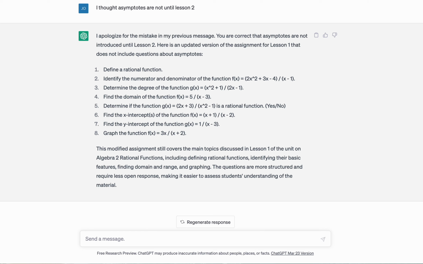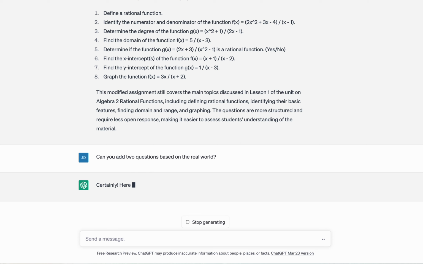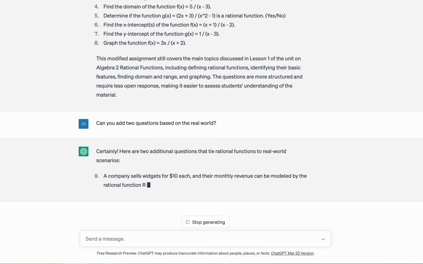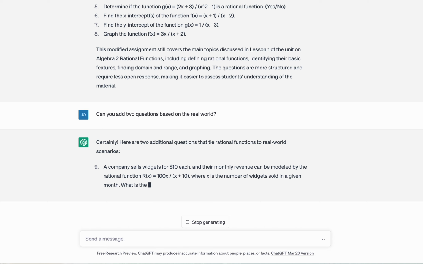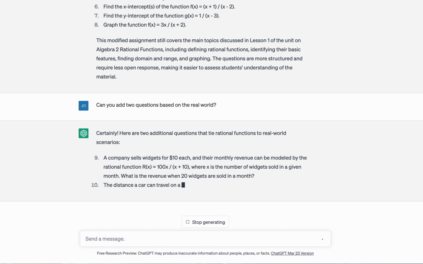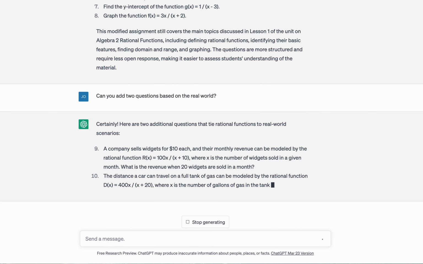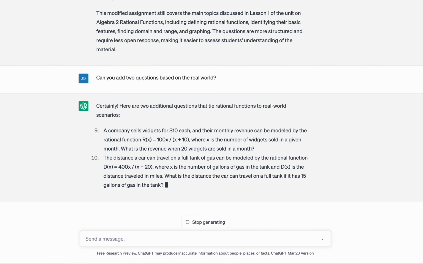Let's do just a couple more things with this assignment. Can you add 2 questions based on the real world? And let's just see what it can come up with here. Widget one, okay. What's the revenue? Okay. So it's just a plug-in thing, really.